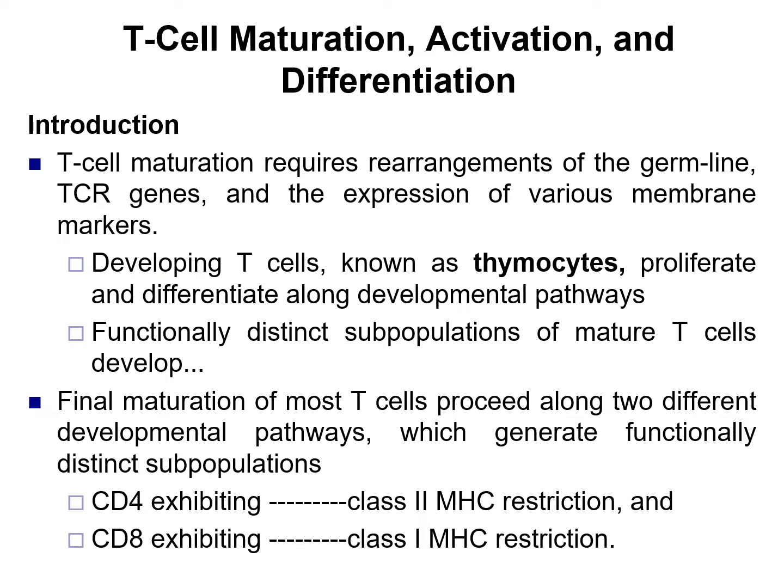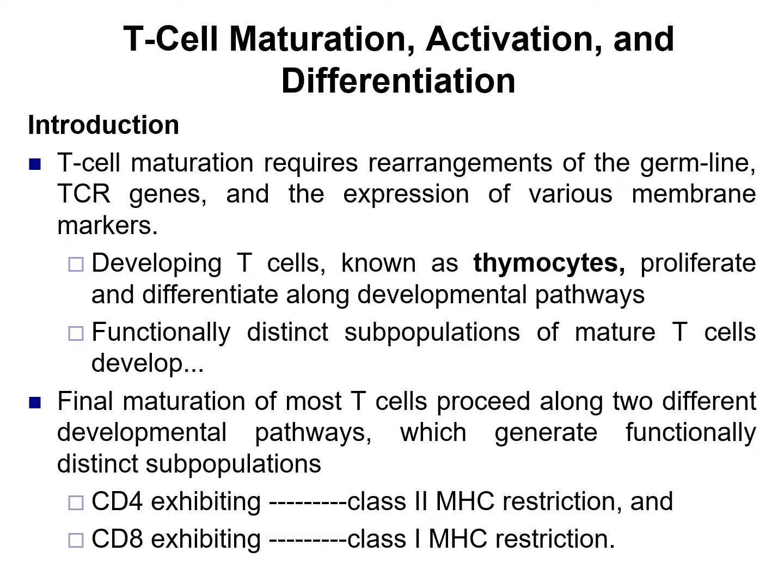The final maturation of most of the T cells would generally differentiate into two populations, the CD4 and the CD8 T cells. The CD4 are markers present in that particular type of T cells, and their function is mainly to interact with class 2 MHC molecules.